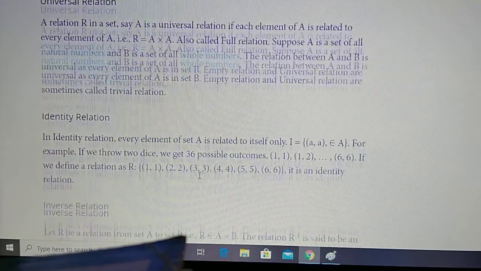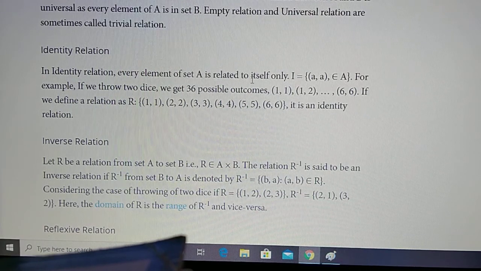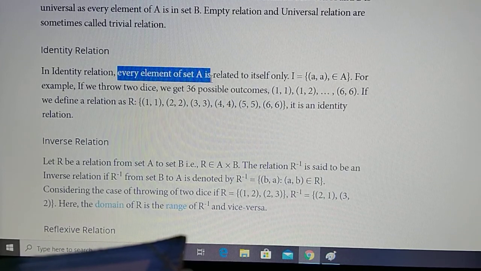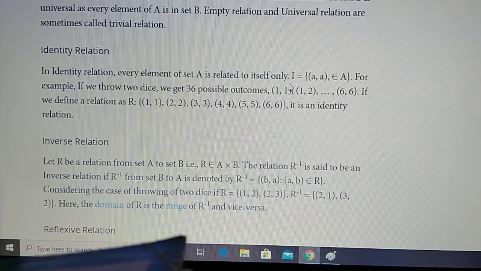Okay, understood? Another is the identity relation. Okay, what's an identity relation? So if each element is related to itself, like every element of A is related to itself only, like I is equal to (a, a), a belongs to A. We have given, for example, if we throw 2 dice, we get 36 possible outcomes, 1 1, 1 2, 1 3, and so on till 6 6.